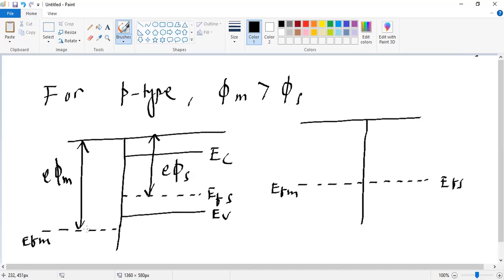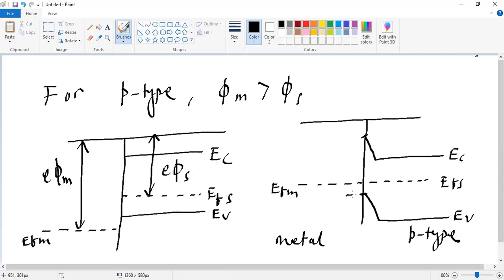So EFM will move up, or you can say EFS will go down. This way you can see that the conduction band here will be shifted downward, like this is EC, and the valence band will also bend accordingly and go down like this. So this is our P type here we considered, and this is the metal.